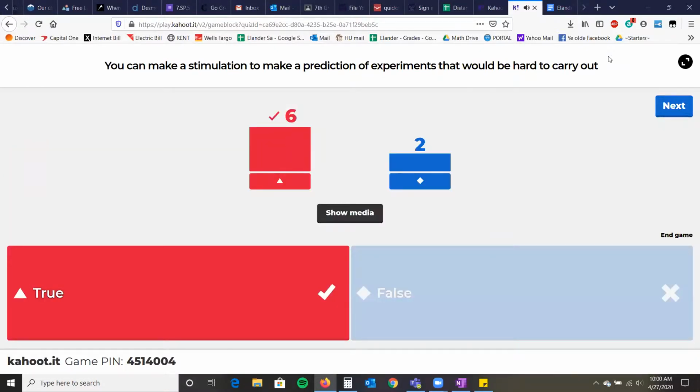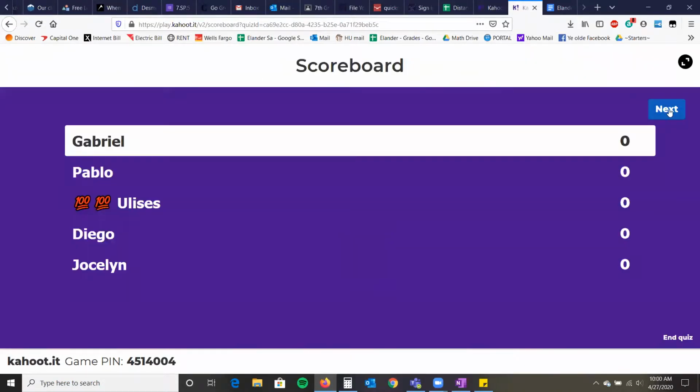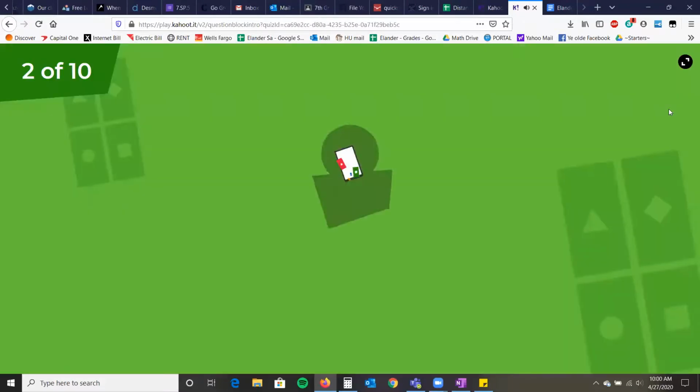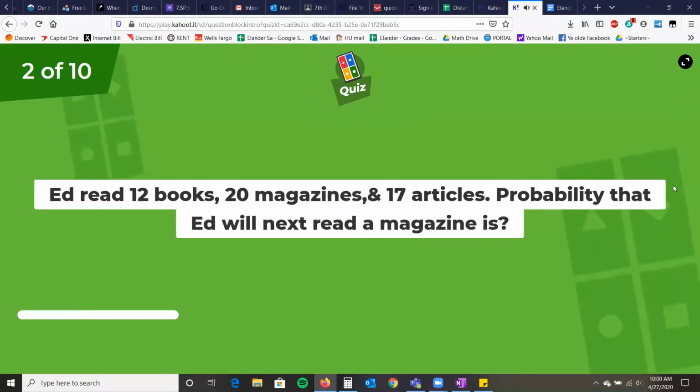Okay, the answer is true. You can make some sort of virtual simulation to do things that'd be hard to carry out, like maybe flying a spaceship to the moon. All right, there's our first scores. We'll skip through some of those for now.